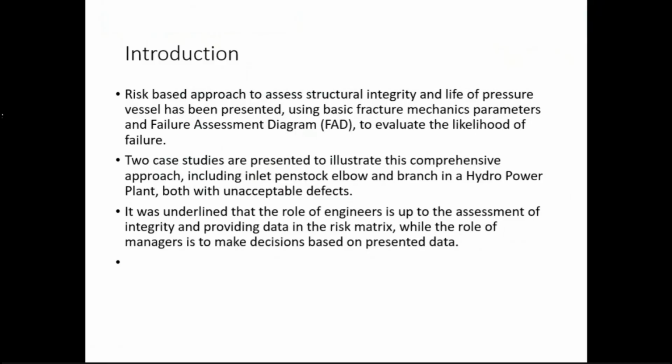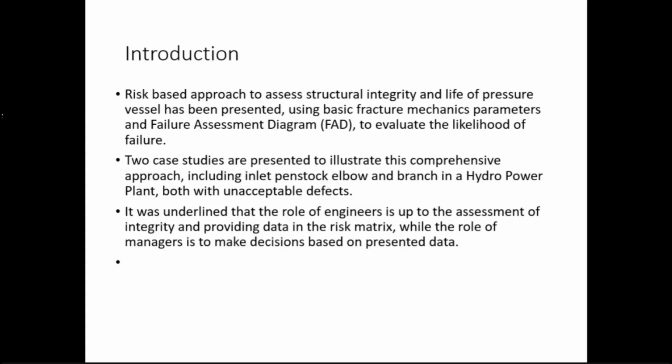You will see how we use some very basic engineering tools to assess structural integrity of critical components which are in a critical state.